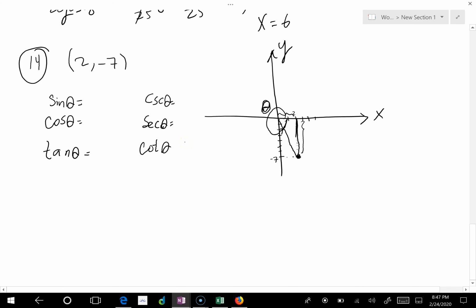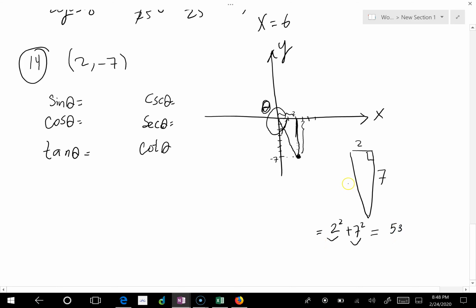So what you're going to do is use this triangle 2, 7. If this is 2, this is 7, and this is a right triangle, the third one would be, by Pythagorean theorem, 2 squared plus 7 squared is equal to, so that's 4, that's 49, so it's 53.